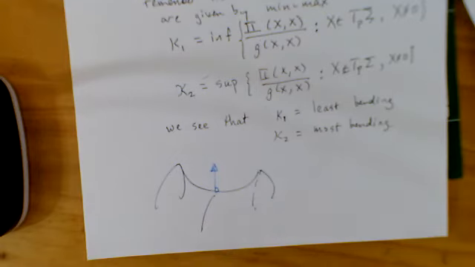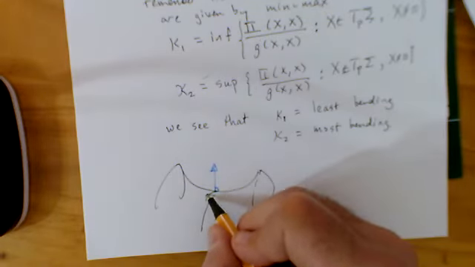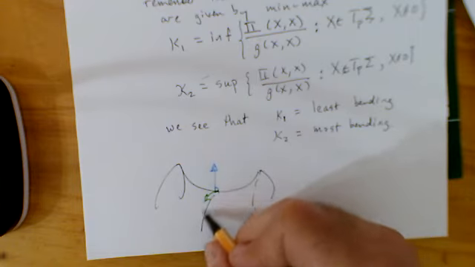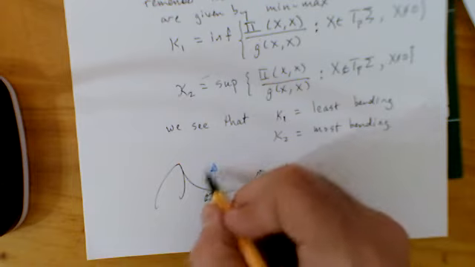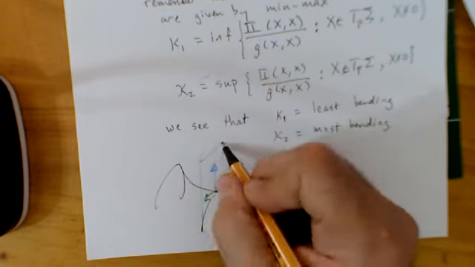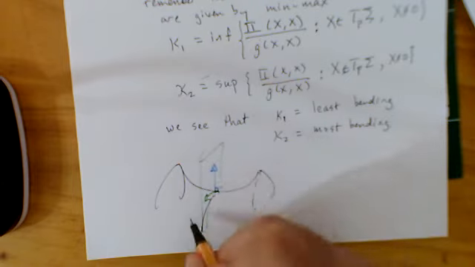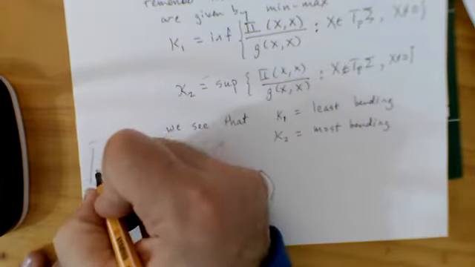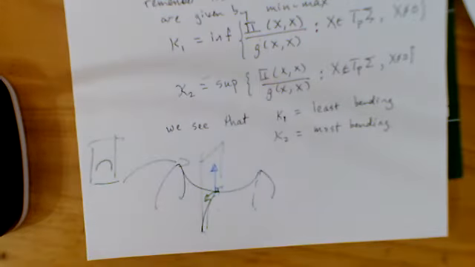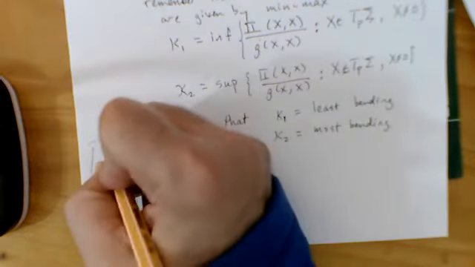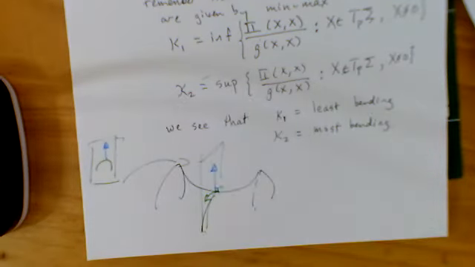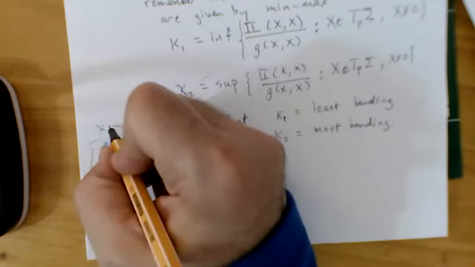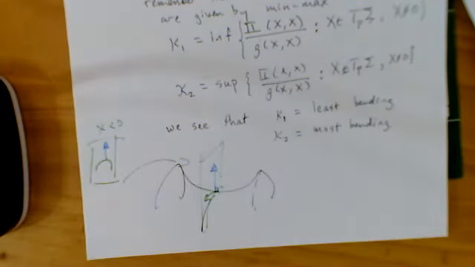In this direction, if I slice by a plane going through here, I have a picture where my kappa is negative.